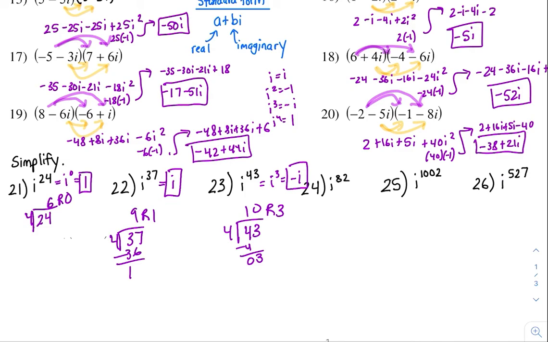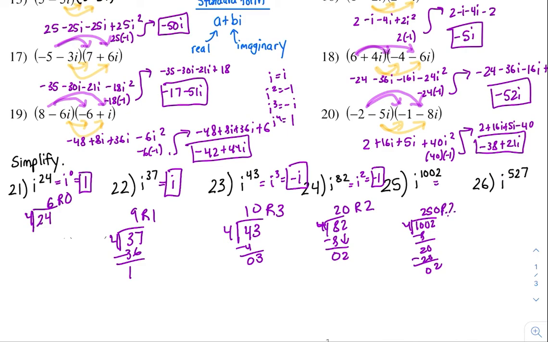Okay, so 82 divided by 4 goes in 20 times. Drop the 2, 4 goes into 2 0 times, so we have a remainder of 2. So that means i to the 82 is i squared, which is negative 1. Okay, 1002, 4 goes into 1002 250 times, remainder 2.